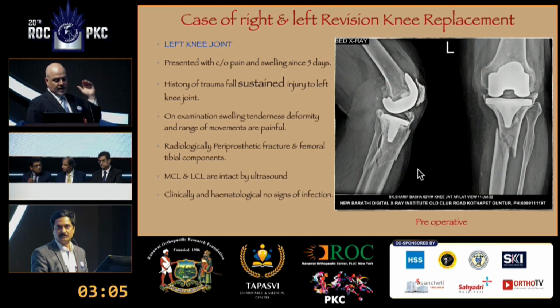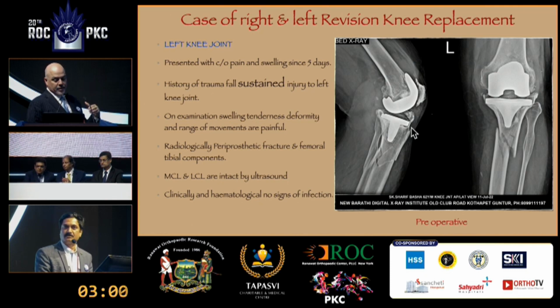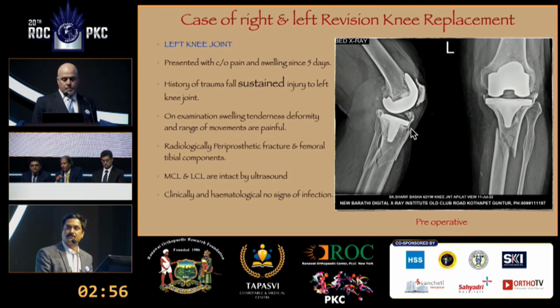So Ashok, how are you going to tackle this? How are you going to remove these implants without displacing this fracture even more? I don't think that should be a problem, Amar. This is loose. I suspect, in spite of what he's saying, there's possibly a septic loosening. But even assuming that this is aseptic, I think that should not be too difficult.